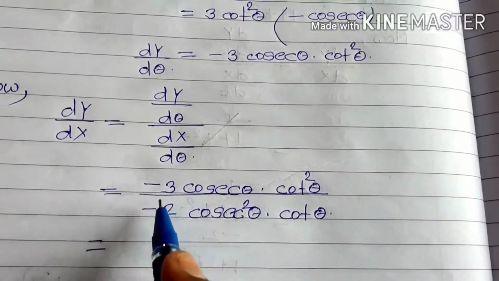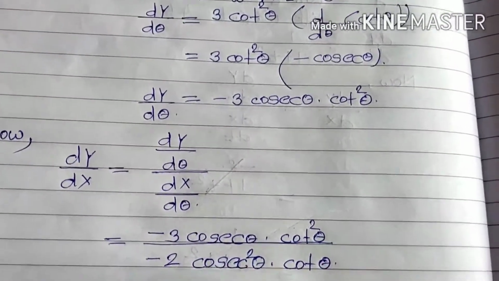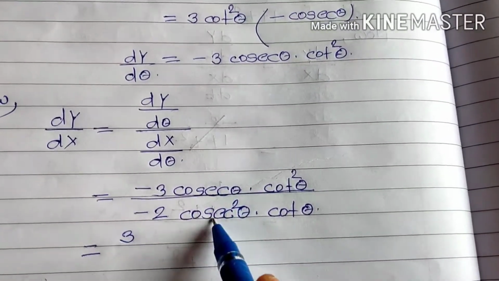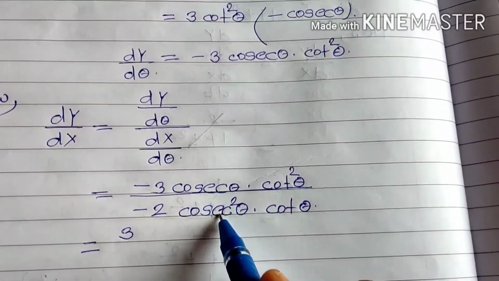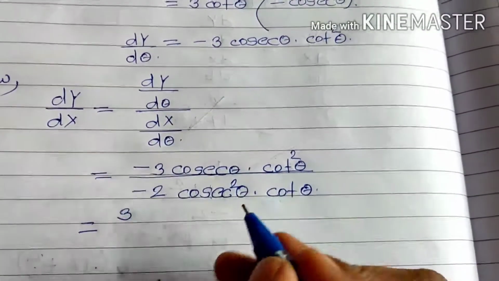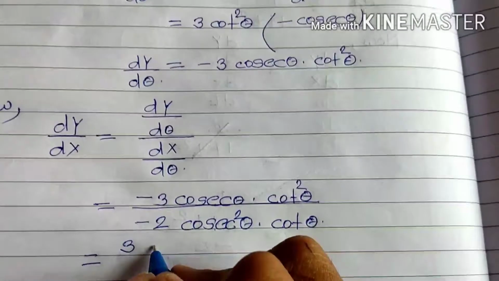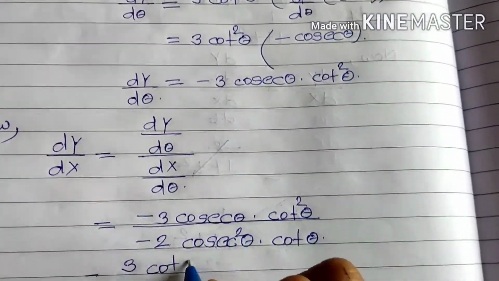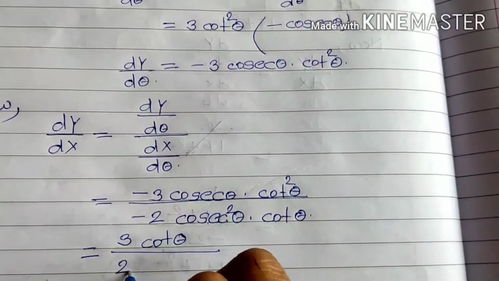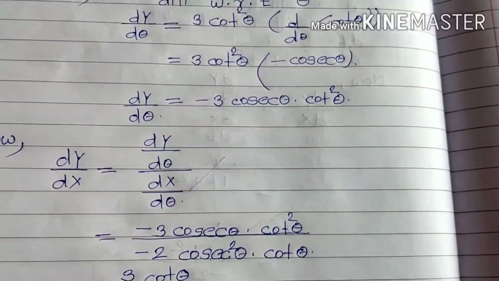So minus minus is plus, you can write 3 as it is. 1 cosec theta and this cosec square theta is cancelled, and cot square theta and this cot theta is cancelled. So remaining is only 3 cot theta upon 2 cosec theta.